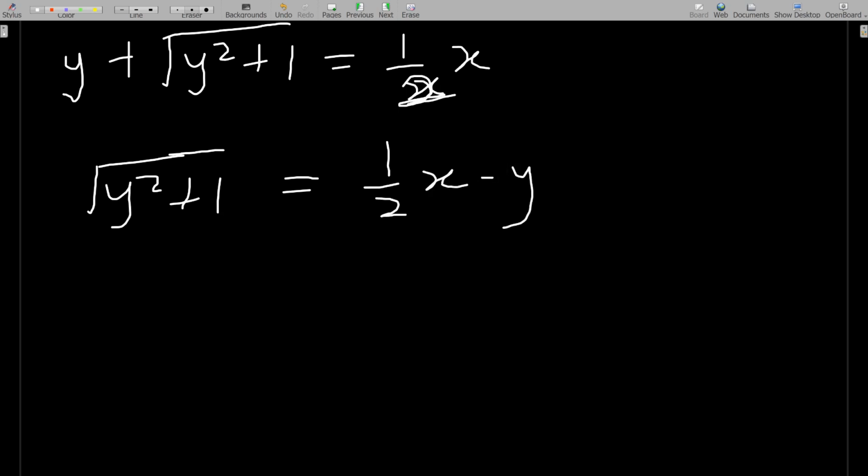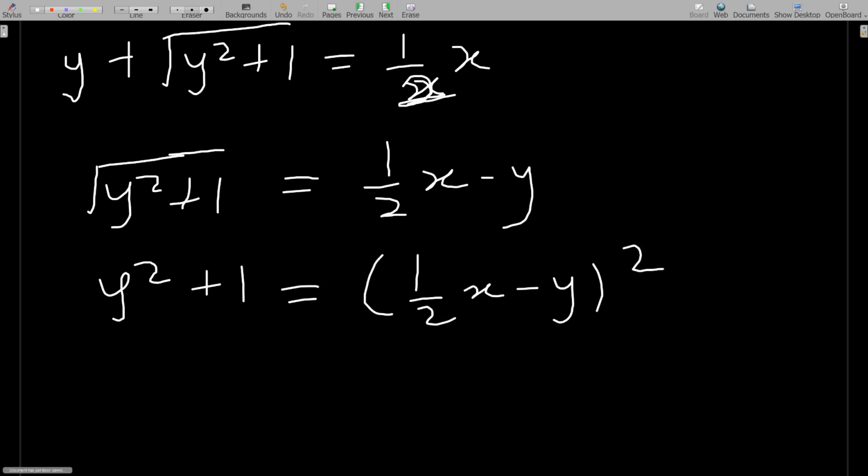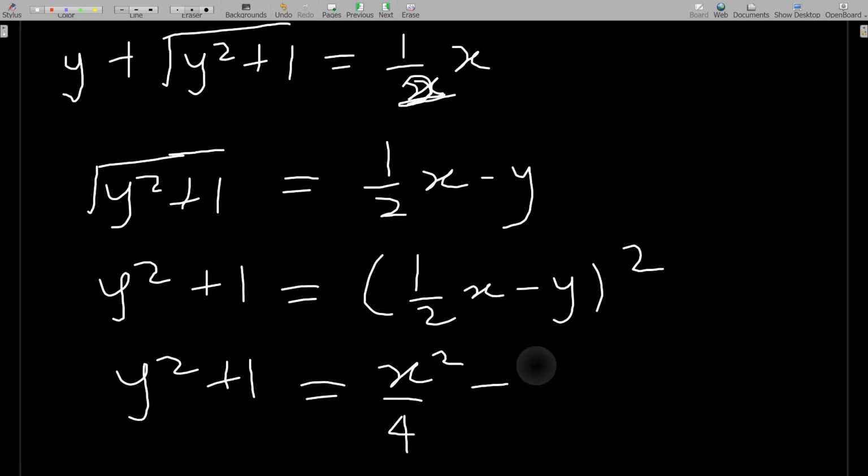Squaring both sides, I have y squared plus 1 equals the square of this side, minus y, then square it. So I have y squared plus 1 equals x squared over 4 minus 2xy, so 2 times this times that, plus y squared.